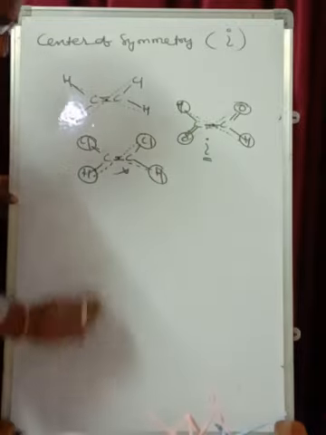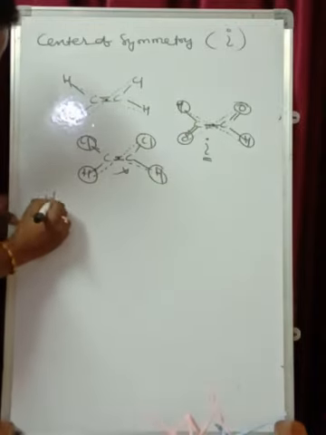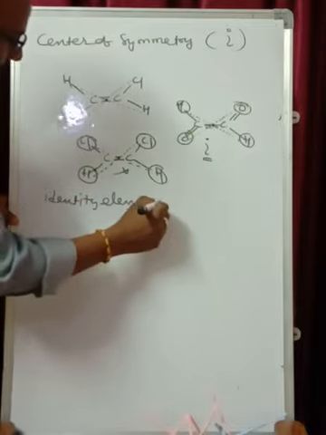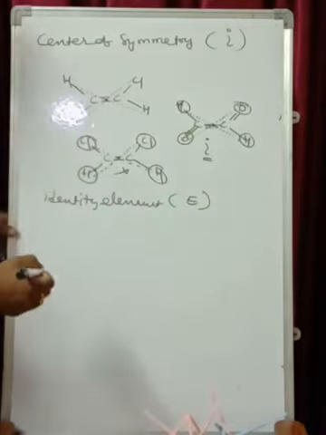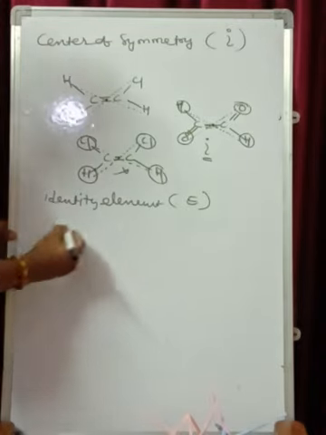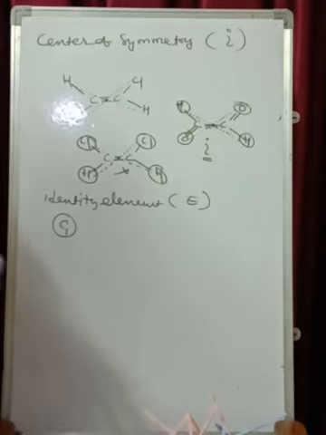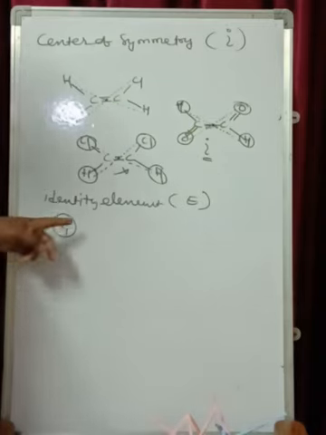And finally, you have your identity element, given as E. The general identity element is given as C1. Every molecule will have one symmetry in common, that is the identity element.